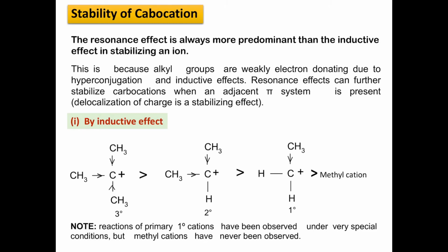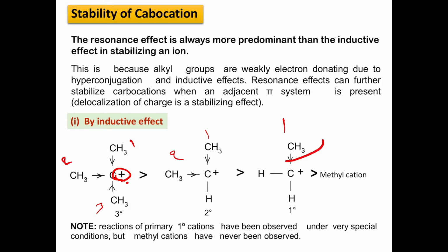For the carbocation, if we have 3 sources to donate electrons to fill the gap here, it will be the most stable one. Secondly, if we have 2 sources of donation of electrons to the carbocation, it's strong.